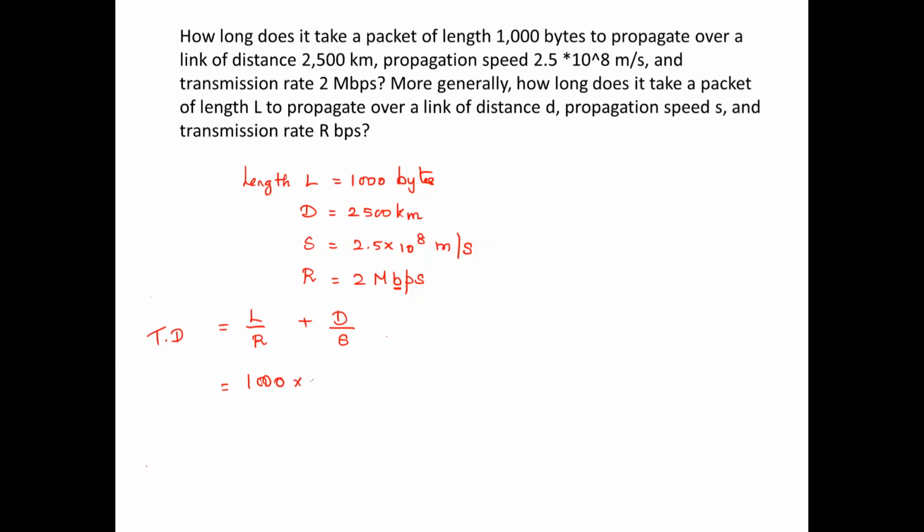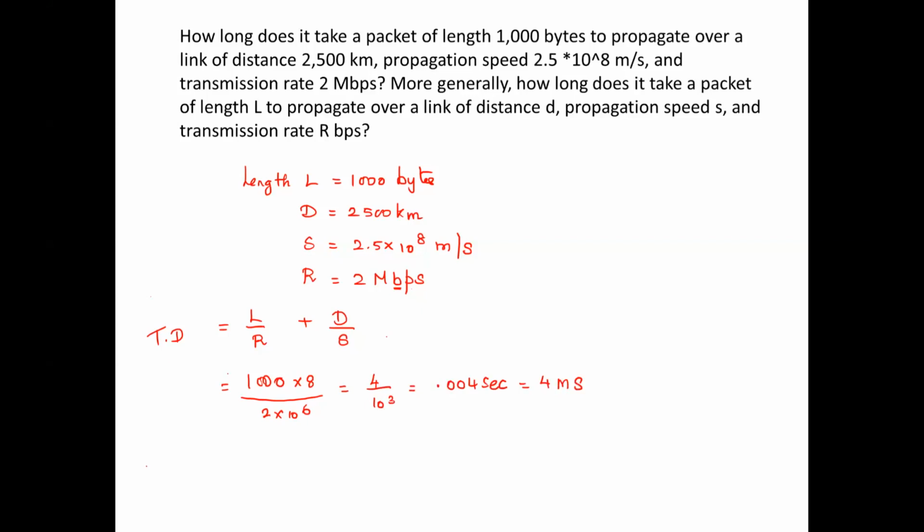So you have to multiply by 8. 1000 into 8. And the rate is 2 into 10 power 6. Which you will get as 4 divided by 10 power 3, which is nothing but 0.004 seconds. If you represent it in milliseconds, it is equal to 4 milliseconds.